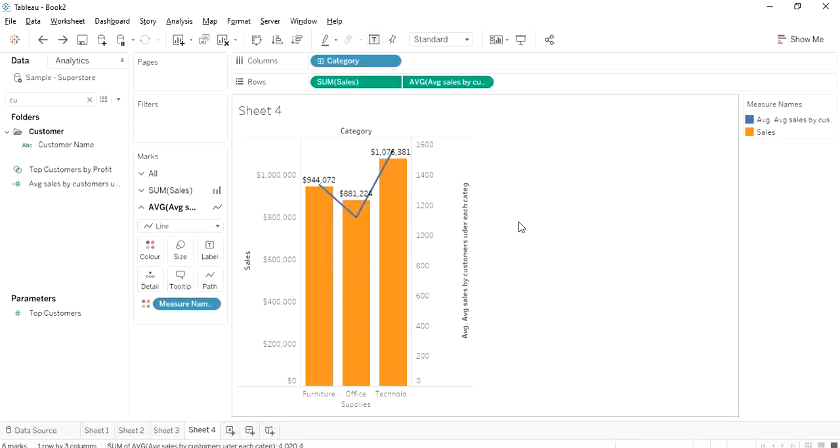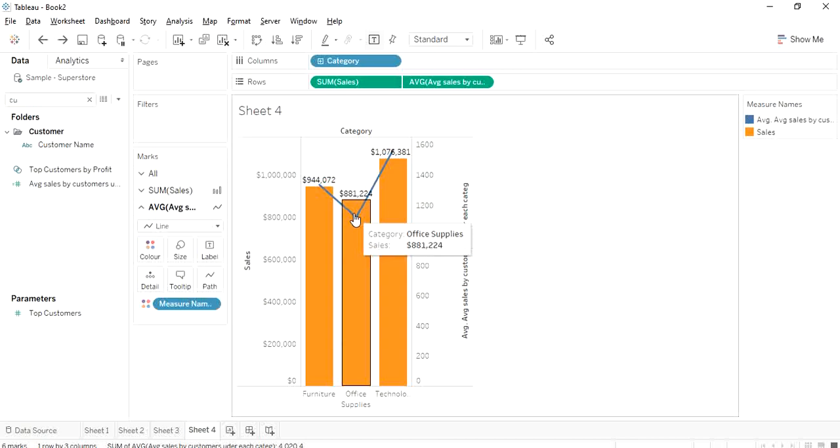So at least this way, the essence is that we are able to compare average sales done by customer across each category with each category's individual standalone sales. Here sales is high, so average sales is also high. Here sales is low, so average sales done by each customer is also low.